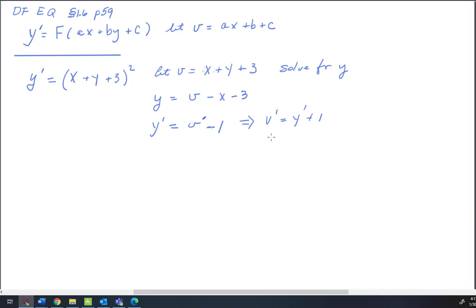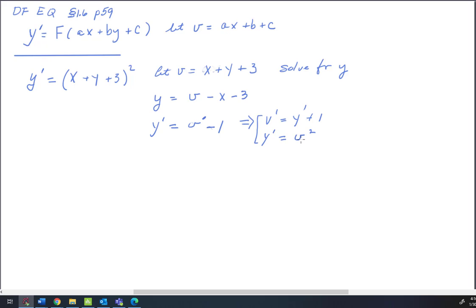And we've also got that y prime, this is my original differential equation, is x plus y plus 3 squared, but I'm using the substitution x plus y plus 3 equals v, so y prime is v squared. And these are both true. I'll put a bracket around it like simultaneous equations. Well, where do we go from here?